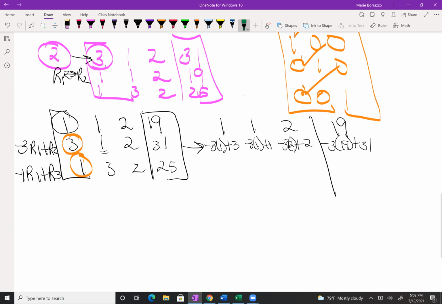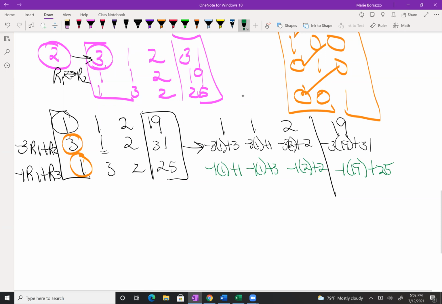The third row becomes -1 times 1 plus 1, -1 times 1 plus 3, -1 times 2 plus 2, and -1 times 19 plus 25.